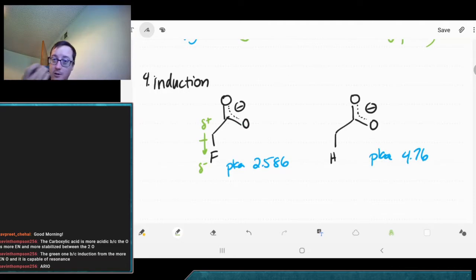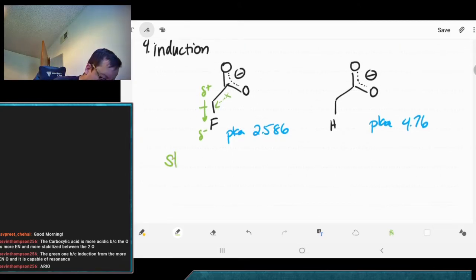So, of course, we like positive and negative to be closer together, right? But a little bit, we're going to have a smaller dipole there. That carbon, when attached to the fluorine, is going to be pulling electron density away from the one with the oxygens. And so we're going to help stabilize this.